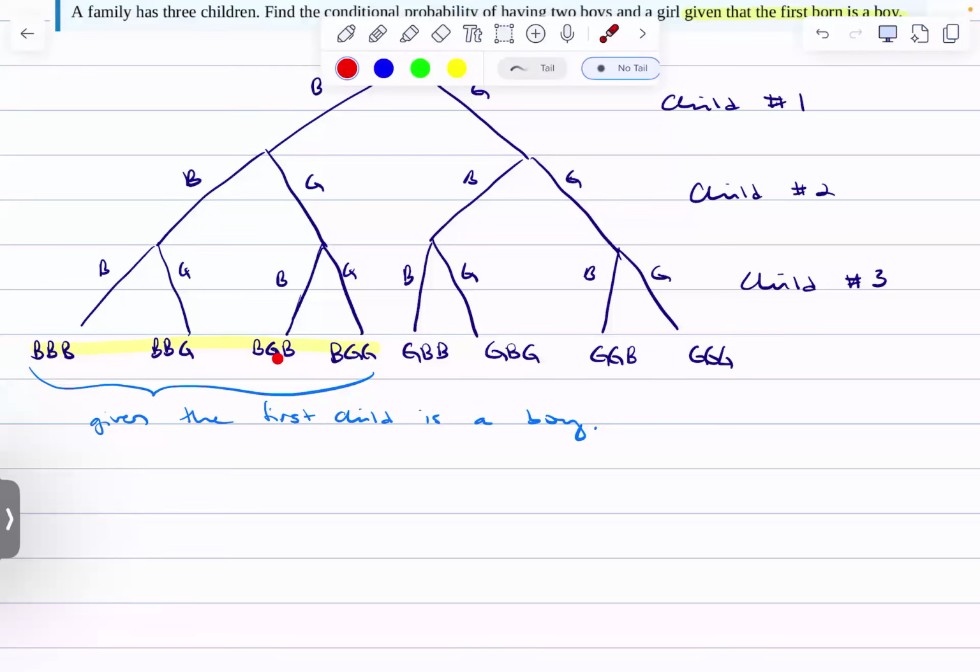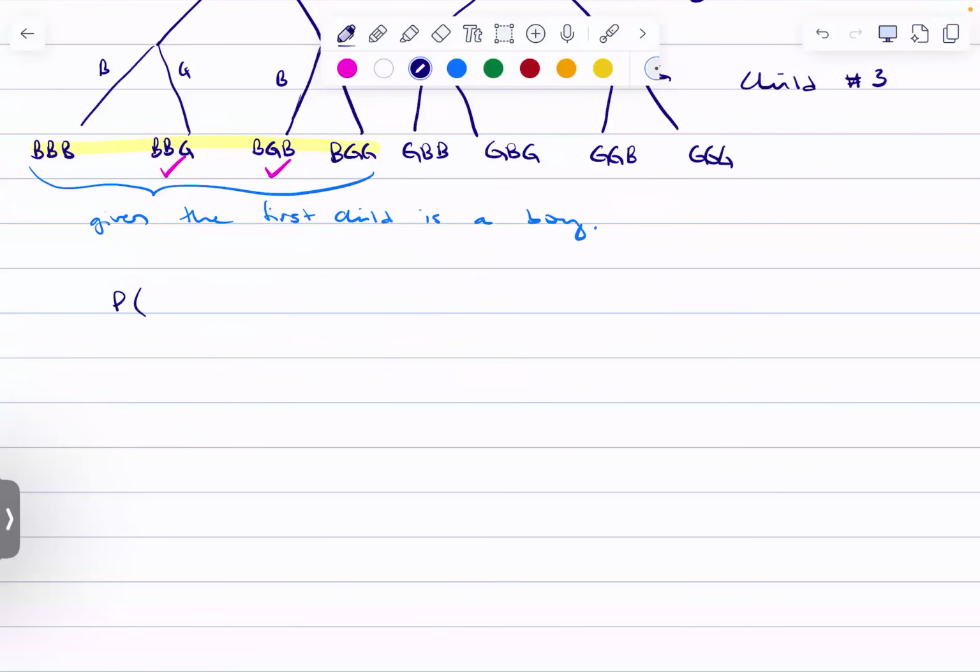Boy, girl, boy, that's another option. And then boy, girl, girl doesn't work because that's 2 girls and 1 boy. So this one works and this one works. So we have 2 out of those 4 options that work. So we can say the probability of 2 boys and 1 girl given first is a boy is 2 out of 4.